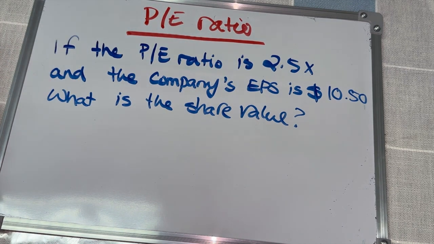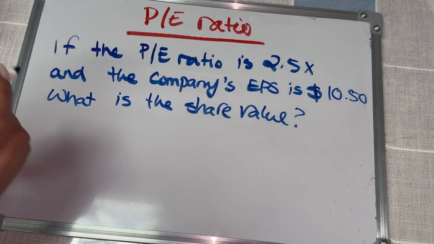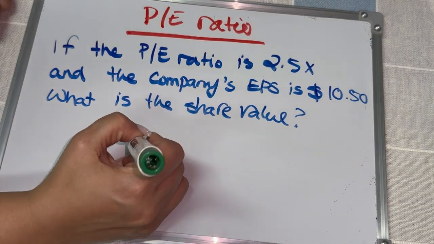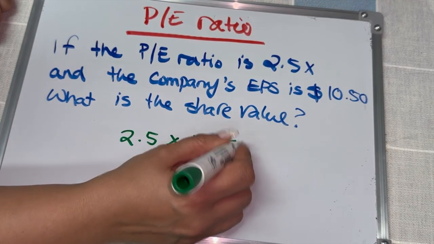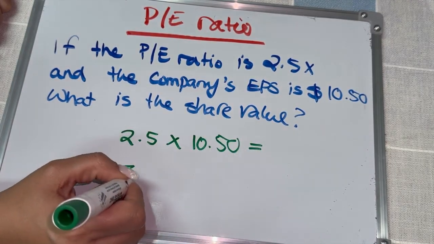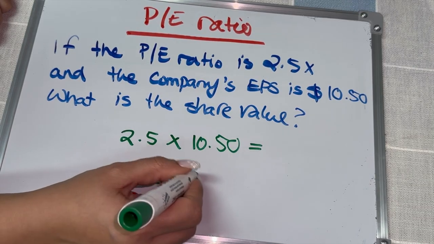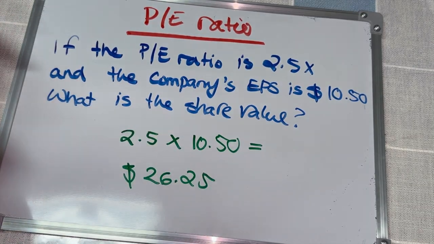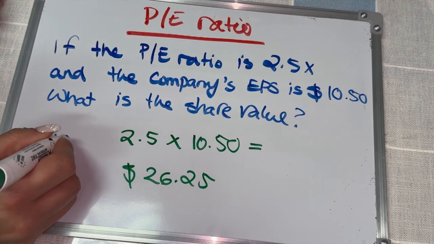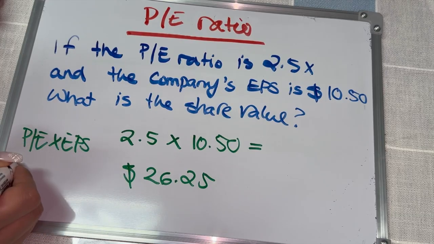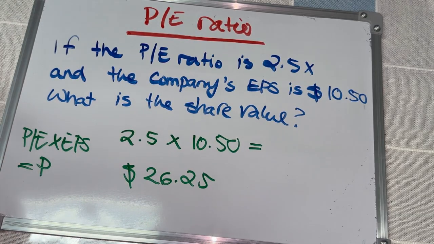Very, very easy and very straightforward. We just multiply them together. So you would multiply 2.5 by 10.5, and that would equal 26.25. So it's very easy, very simple. The formula is the PE ratio multiplied by the earnings per share. That will give you the value of the share or the price of the share.